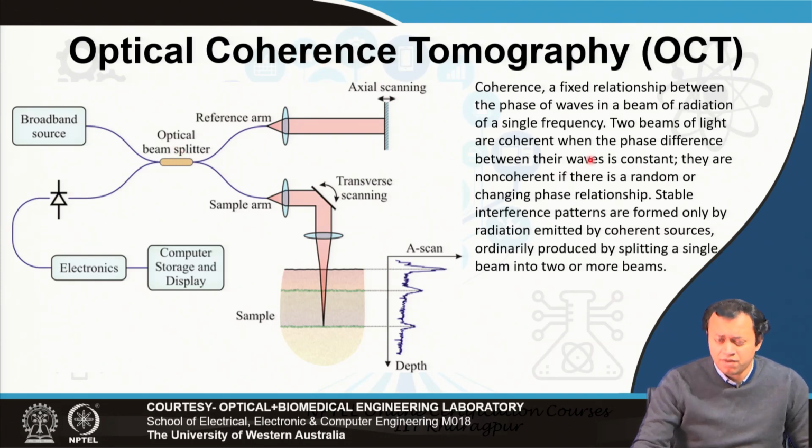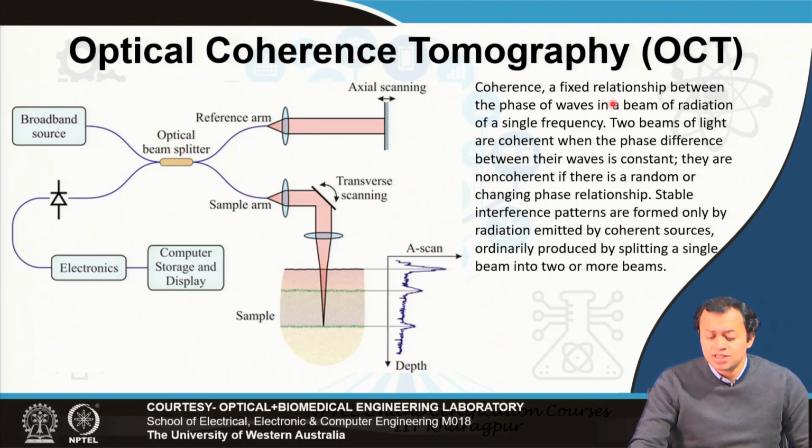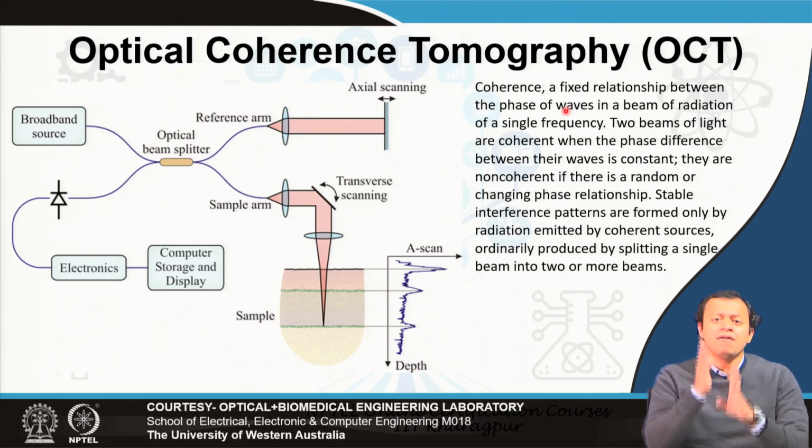What is coherence? Remember, first of the class, coherence is a fixed relationship between the phases of waves. So, this wave from the scanner, from the mirror, and the wave generated from the tissue, they can have a phase difference, but as long as there is a fixed relationship, as long as the phase is more or less fixed, they are different by a fixed value.